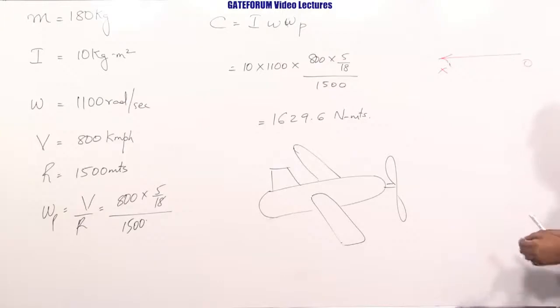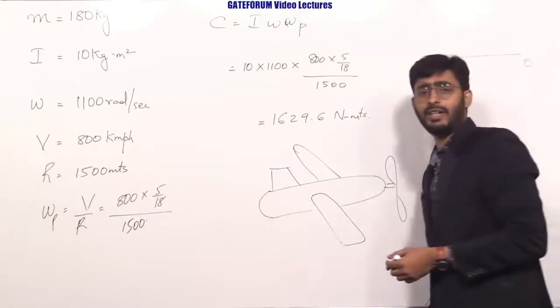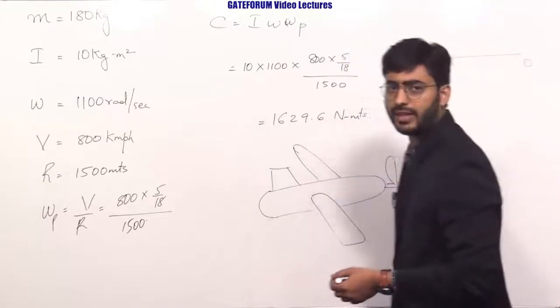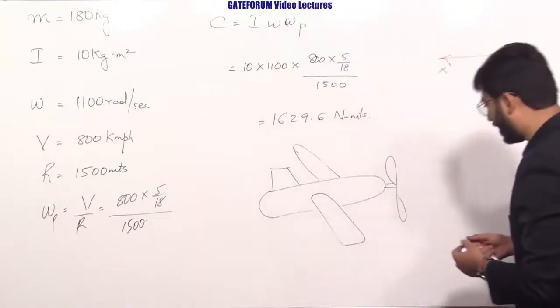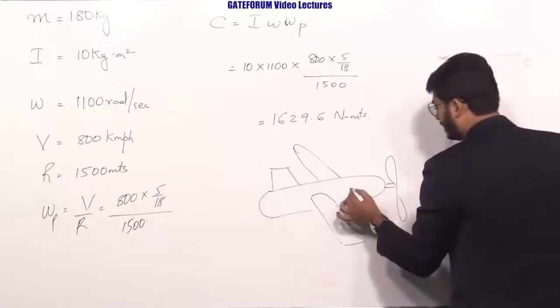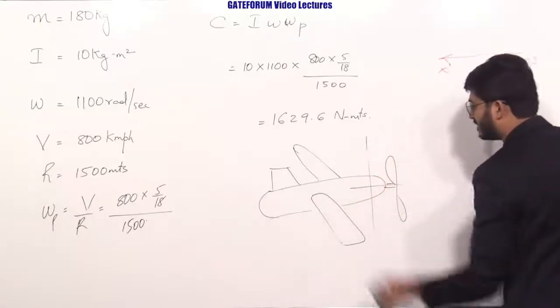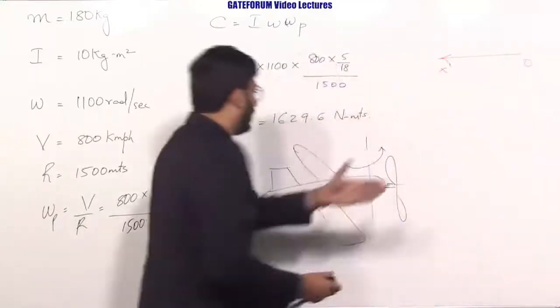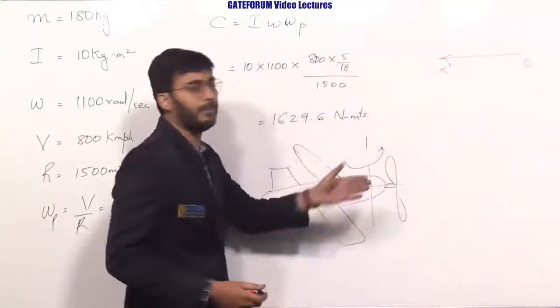Now the second point is that the aircraft is turning towards left. About this axis, it is being turned to left, which means the vector is going inside the plane of the board.